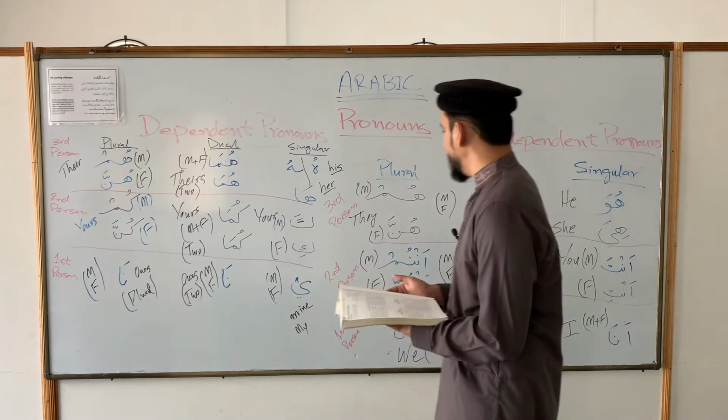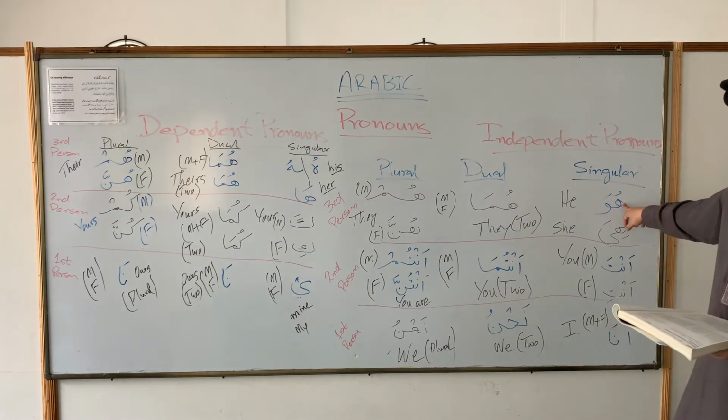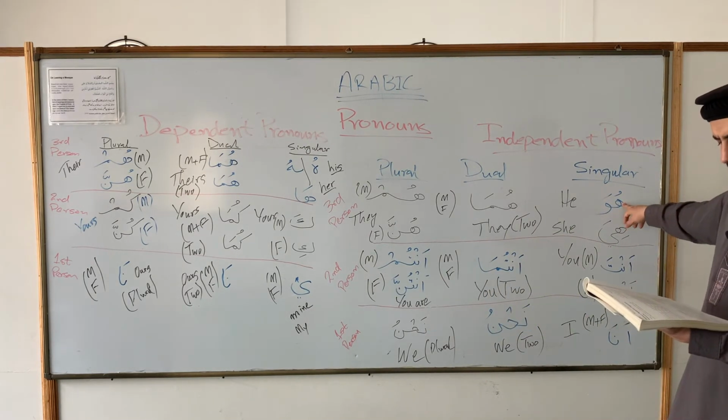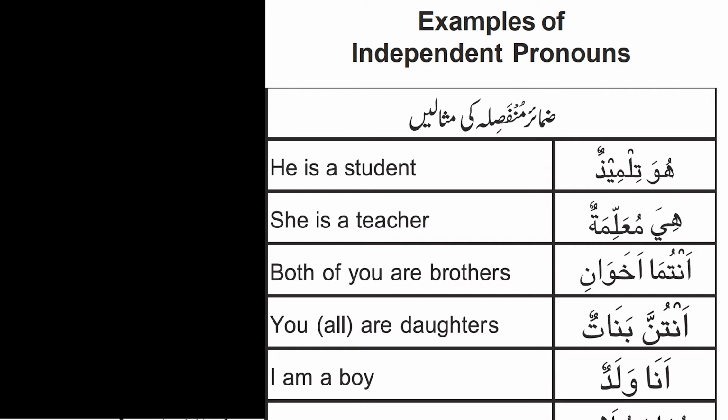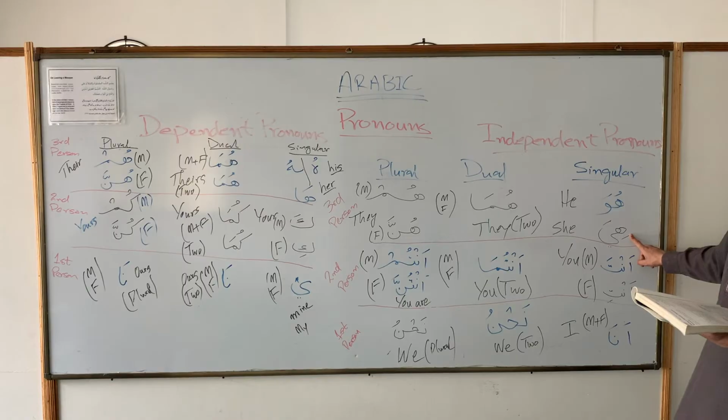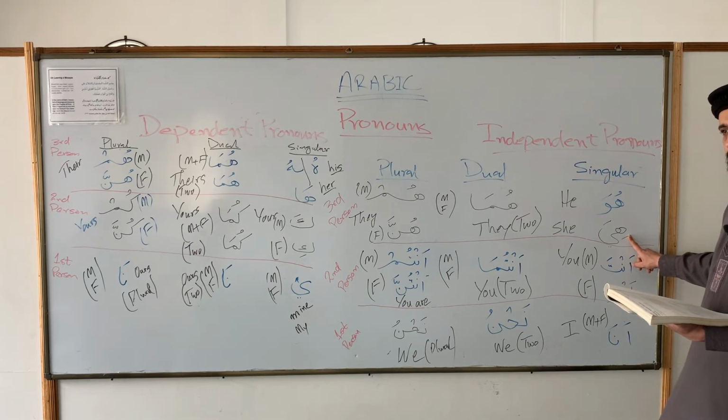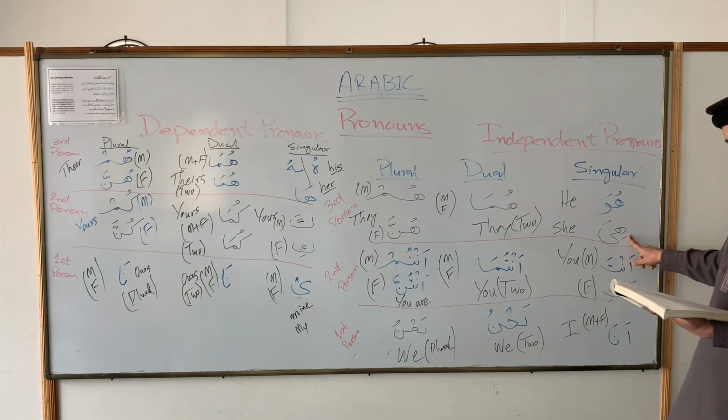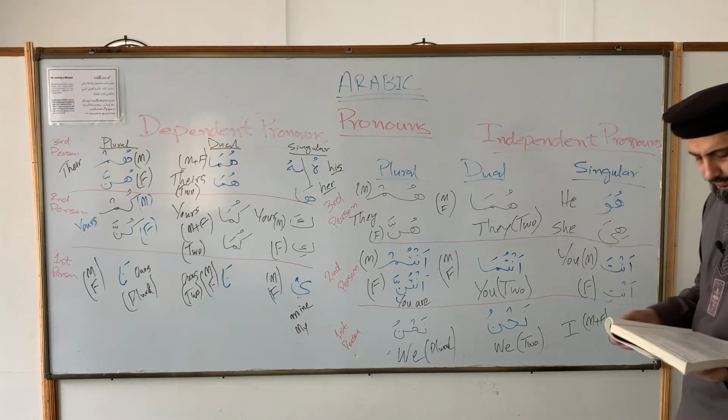"Huwa" means he is, this is from here. Next says "hiya mu'allimatun", she is a teacher. "Hiya" is from here. "Mu'allimatun", a teacher, and she is a teacher, so that means it's female, one teacher.